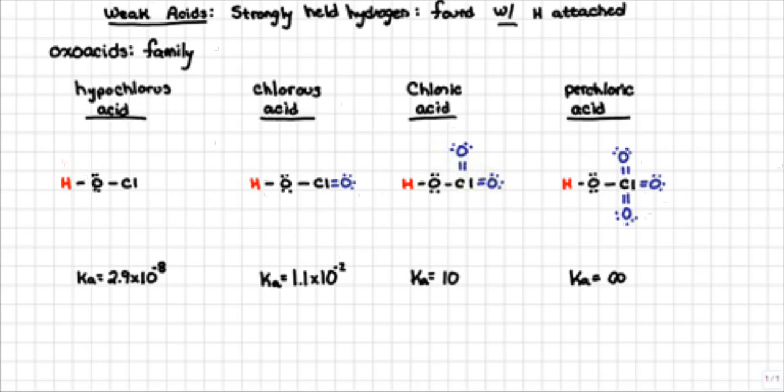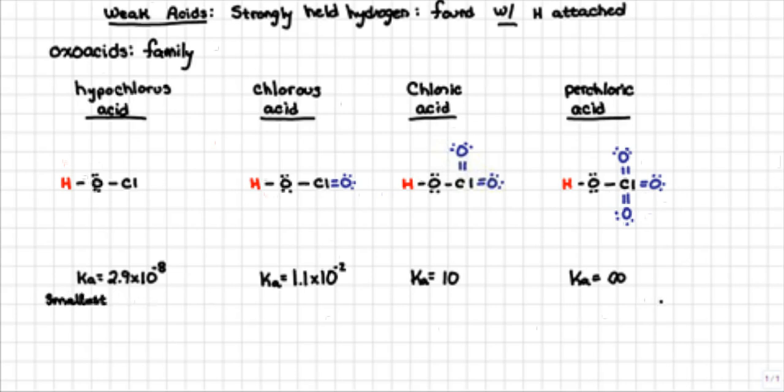Now, this is obviously a very logical progression, and it's something that we hope to understand in terms of acid strength. I've taken the liberty to include some other information, the K sub A values that you see on screen, and you should recall that on the left-hand side, as we look through this spectrum of numbers, we have the smallest K sub A value, 2.9 times 10 to the minus 8.